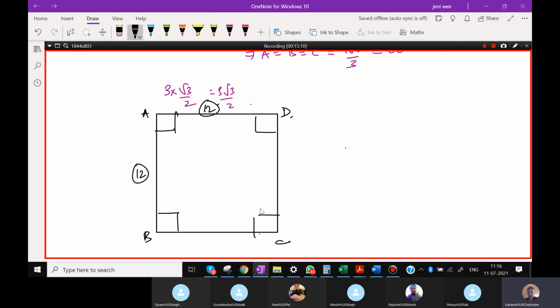And the resultant figure is folded up to form an open box. Okay. Now, what is the maximum volume of the box?